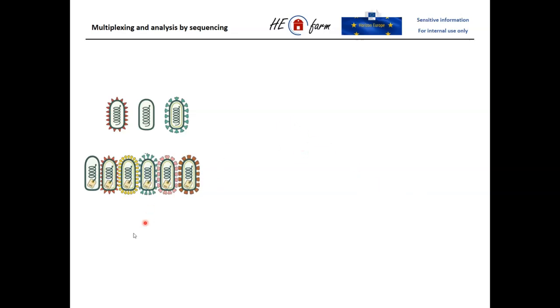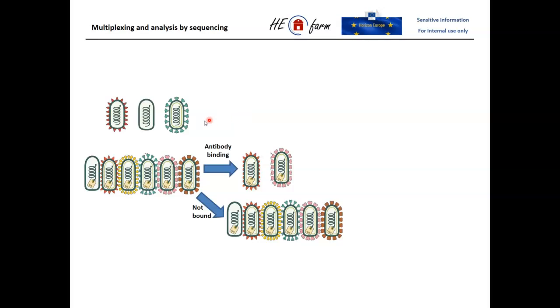In addition to that, we add a molecular tag, which is a part of the genome that we can read by PCR and sequencing. In this way, we have a mixture where we can do binding with antiserum and separate the unbound viruses from the bound viruses.